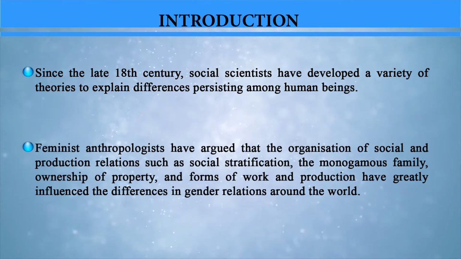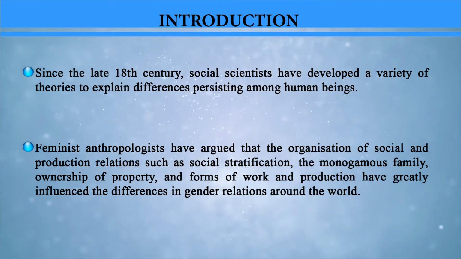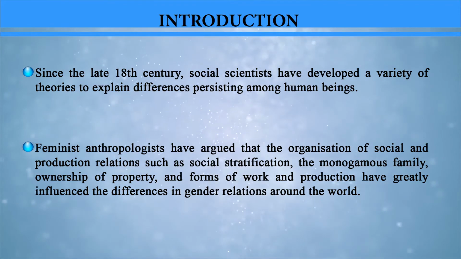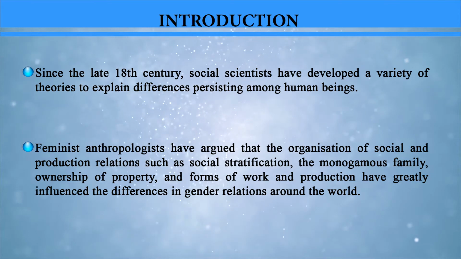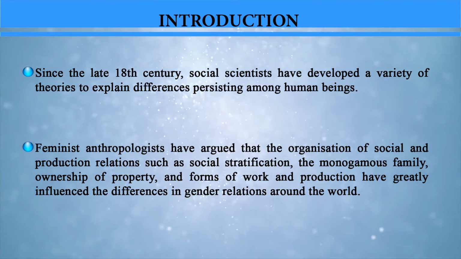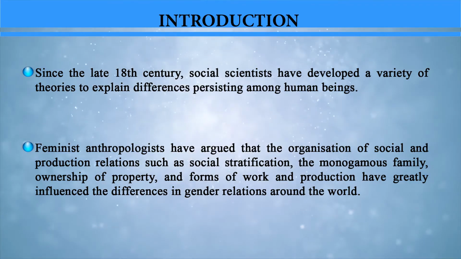Feminist anthropologists have argued that the organization of social and production relations, such as social stratification, the monogamous family, ownership of property and forms of work and production, have greatly influenced the differences in gender relations around the world.